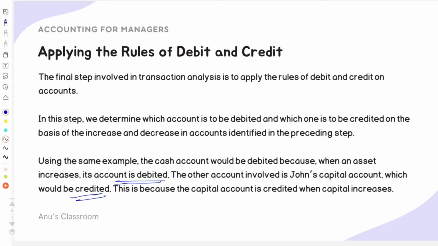After this 4th step, applying the rules of debit and credit, we are good to record these transactions in the books of accounts. That is, we are ready to move to the 2nd step in the accounting cycle. So this video was for us to understand how to identify the transactions. We will do the actual identification and other related concepts in the coming videos.